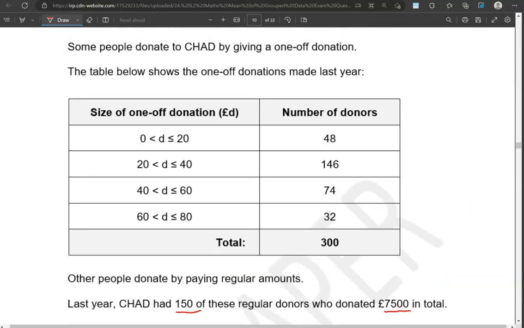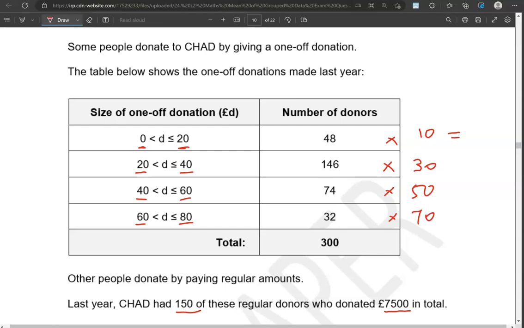So we're looking for the midpoint between 0 and 20, so that's going to be 10, because 20 divided by 2 is 10. Between 20 and 40, so that is 60 divided by 2, which is 30. Between 40 and 60, 40 and 60 is 100, 100 divided by 2 is 50. Between 60 and 80, so that is 140 divided by 2, which is 70.